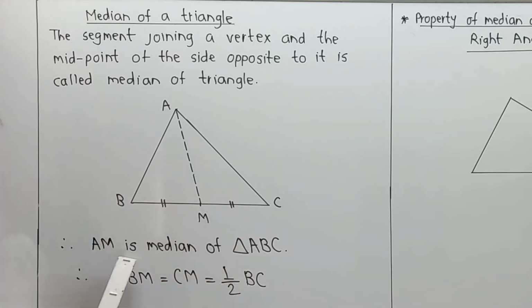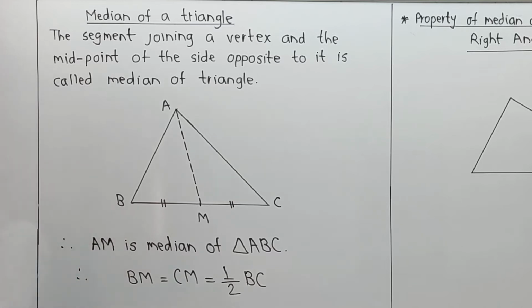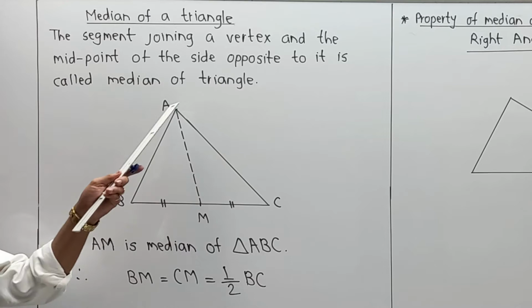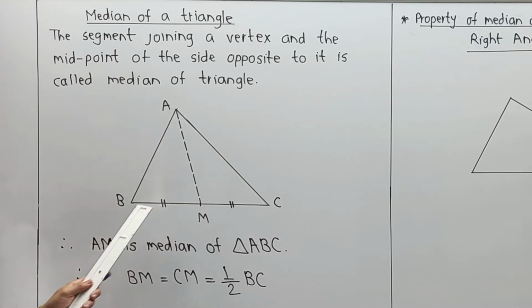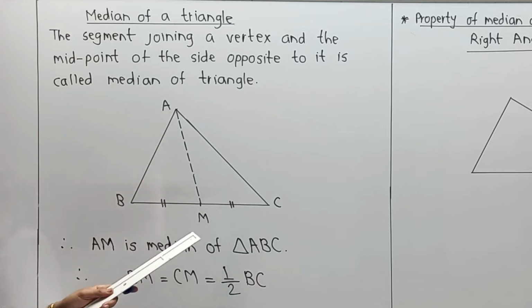But remember, this AM is the median of triangle ABC, and this median and property we are using in some numericals, so try to understand that part. So the first fundamental part: the line joining the vertex and the opposite side midpoint, that segment is called a median of that triangle.